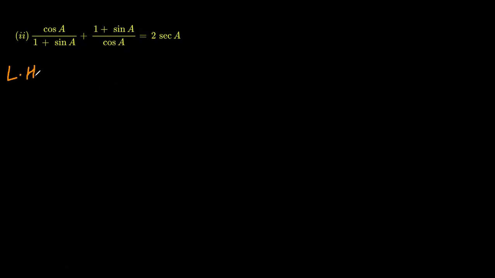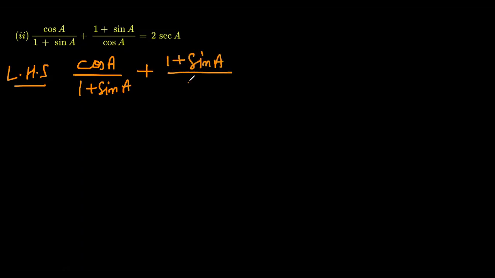So the left hand side of this expression is cos A divided by 1 plus sine A plus 1 plus sine A divided by cos A. So there are two fractions, so it makes sense to take LCM of this. We will take LCM, which is 1 plus sine A multiplied with cos A.